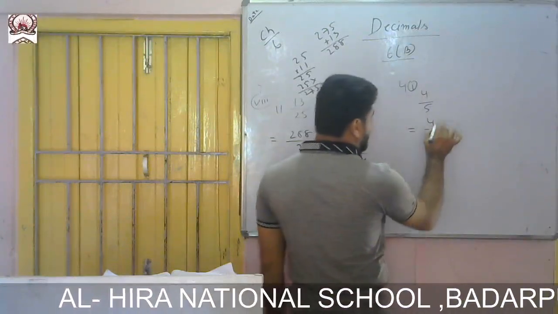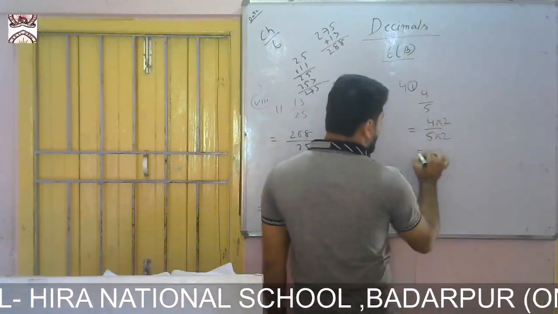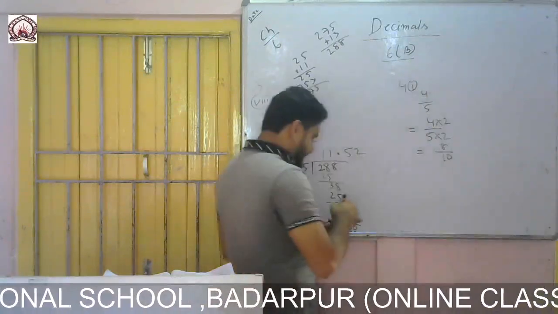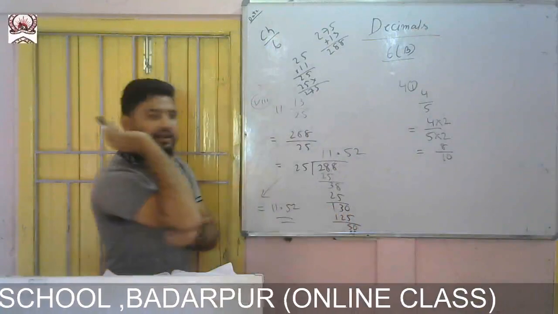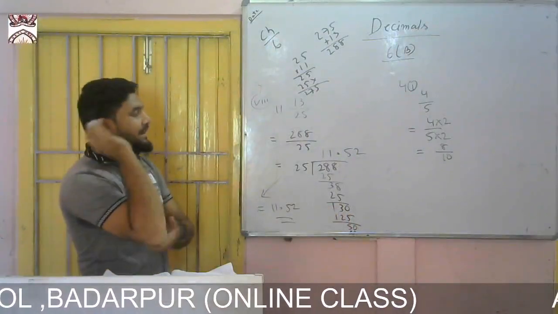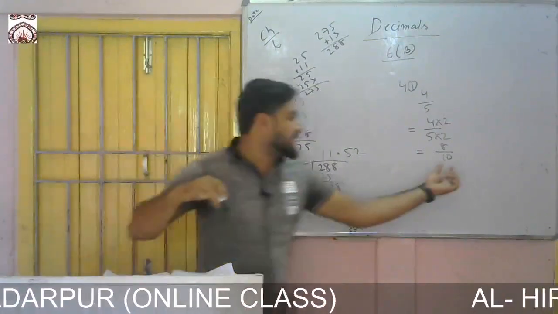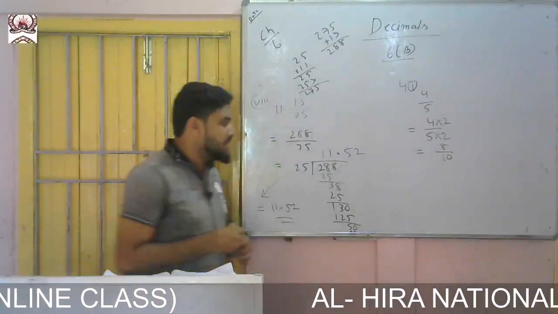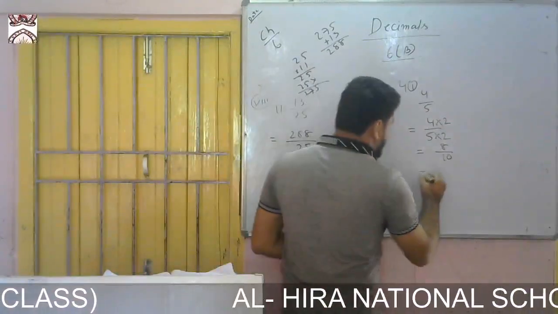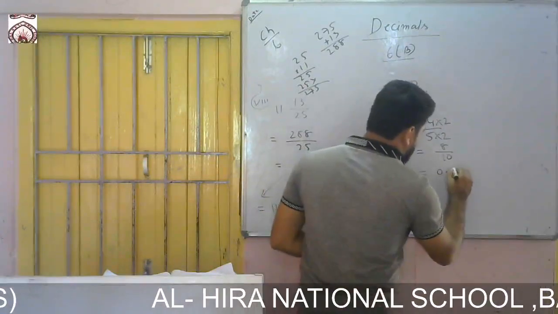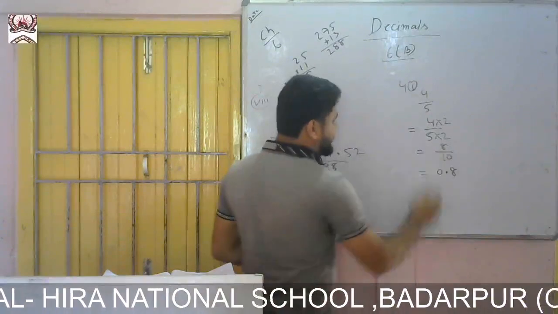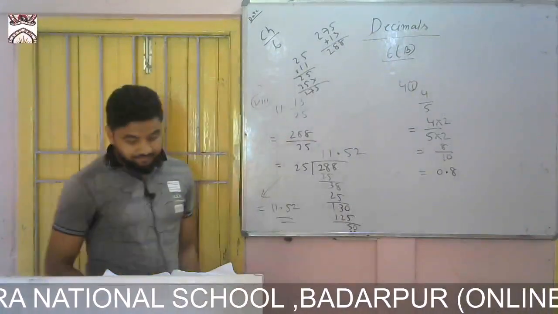If I multiply here by 2, then here I need to multiply by 2. So it becomes 8 by 10. Now the denominator is a multiple of 10. Now you divide. Then it will become 0.8, because the point will shift one place left, because one 0 is there.